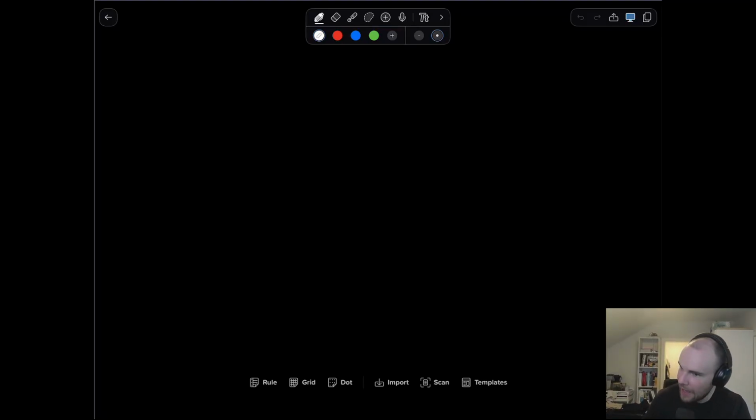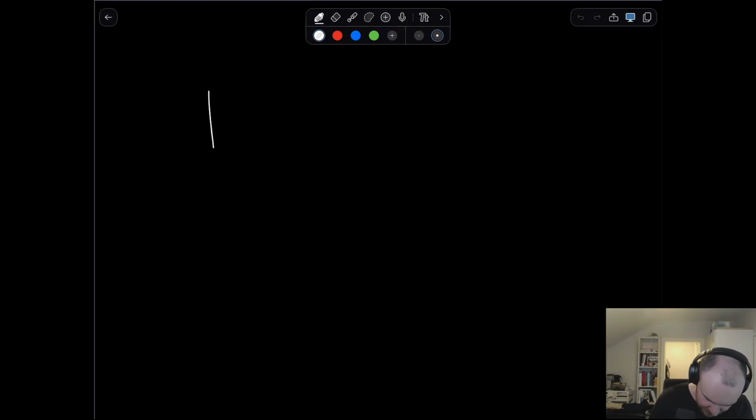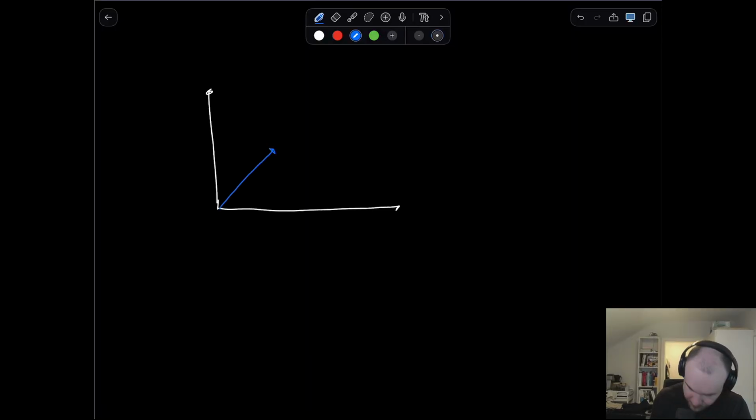If I have, for example, this coordinate system here, and I took some vector, this guy was my vector, and I took some other vector here, this guy, and these are my two vectors.